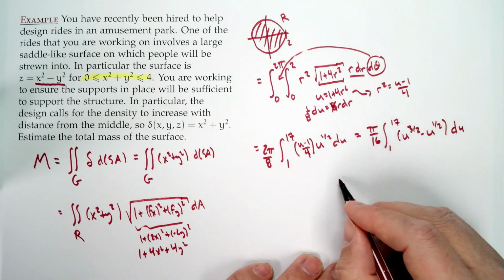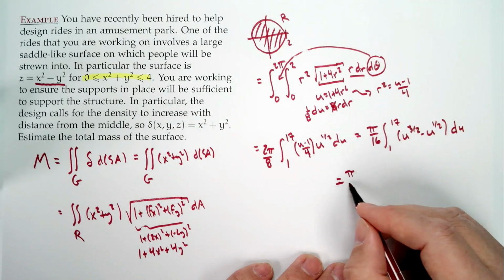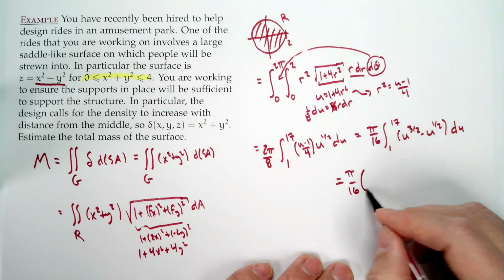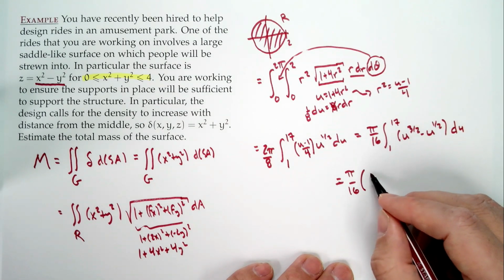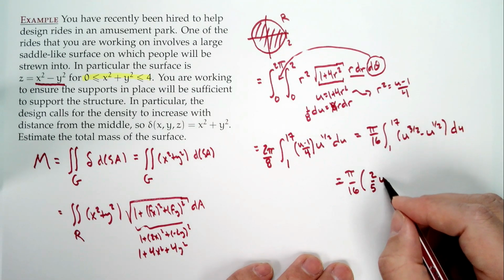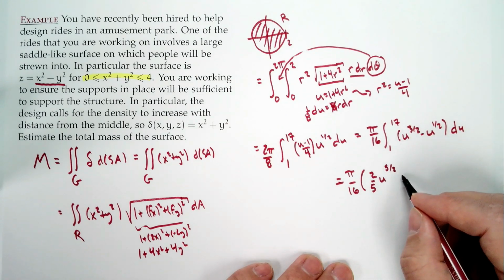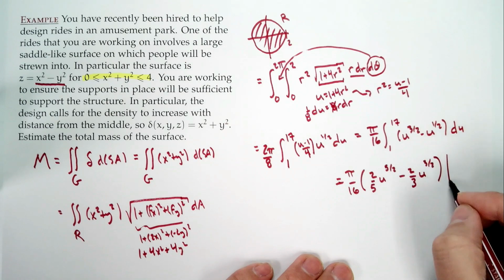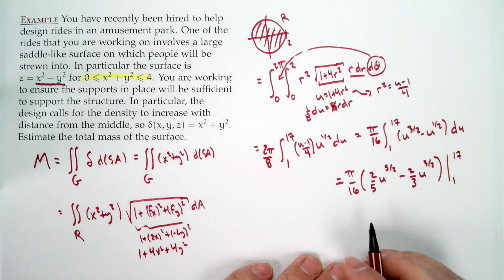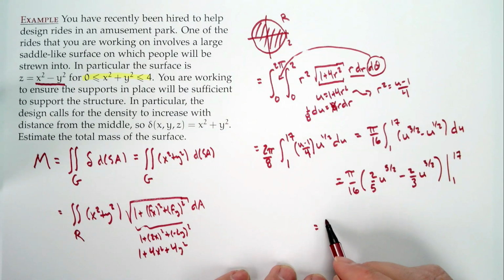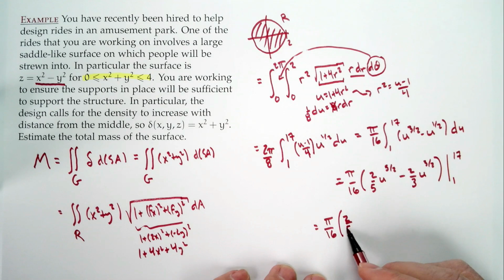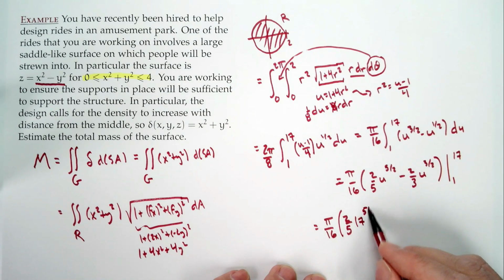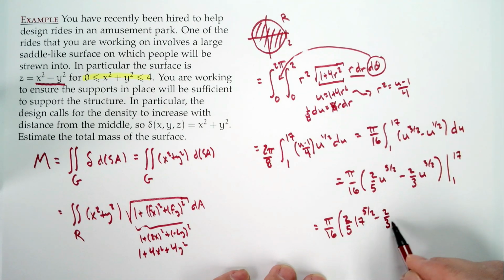So this becomes pi over 16, and then we integrate each piece. 2/5 u to the 5/2 minus 2/3 u to the 3/2. Evaluate that from 1 to 17, which is pi over 16 times 2/5 17 to the 5/2 minus 2/3 17 to the 3/2.